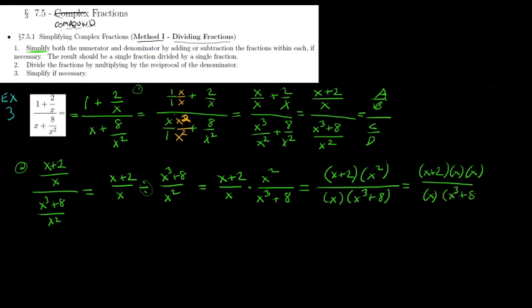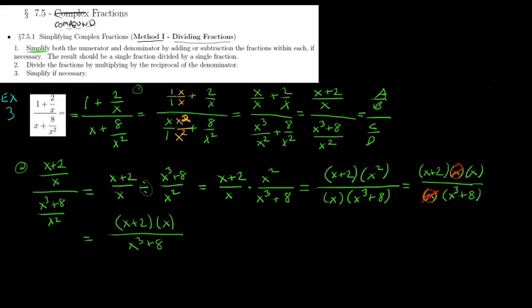And then x cubed plus 8 is still there, right? So what I'm trying to tell you is that one of these x's, this x and this x, for example, just cancel, right? And now what are we left with? In the numerator, we have x plus 2 times x. And in the denominator, just x cubed plus 8.